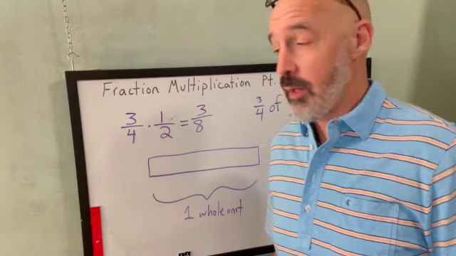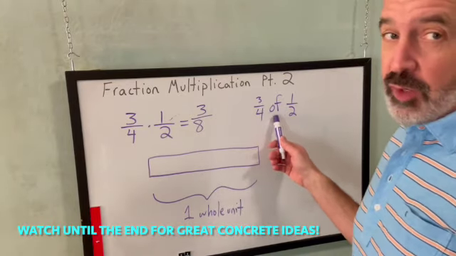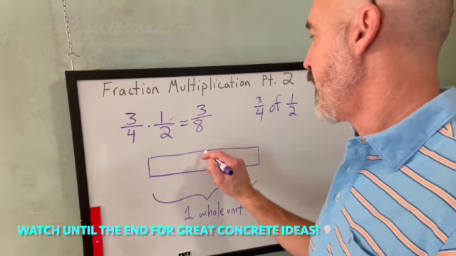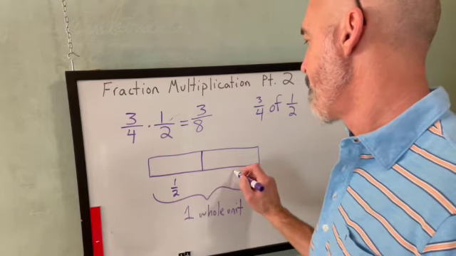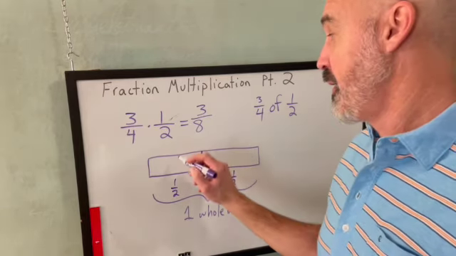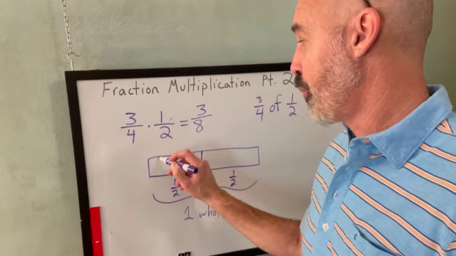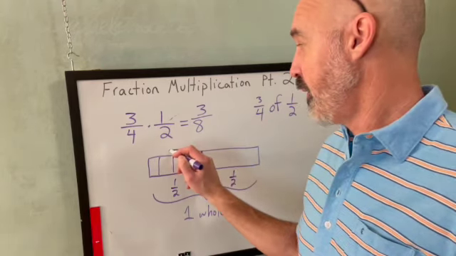So here we begin with one whole unit. And if I want to figure out 3/4 of 1/2, I can begin by breaking this whole unit into 2 halves. And then if I want 3/4 of a half, then I'm going to take one of these halves and break it up into fourths. Now, the answer is right here.